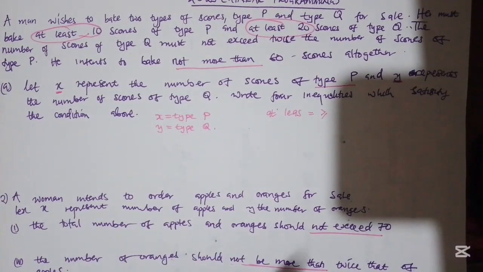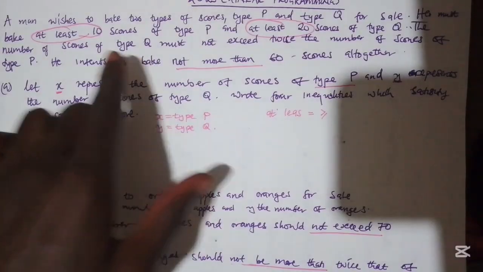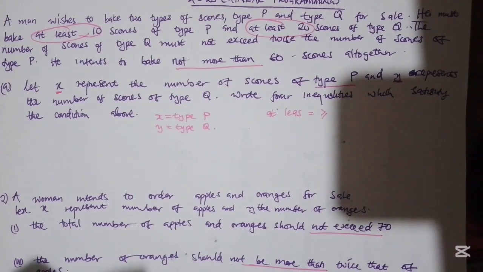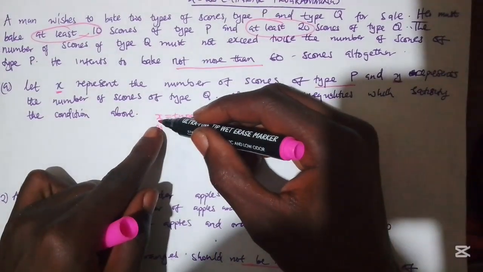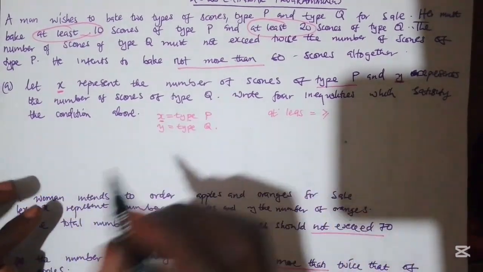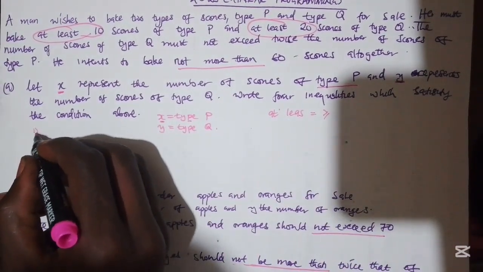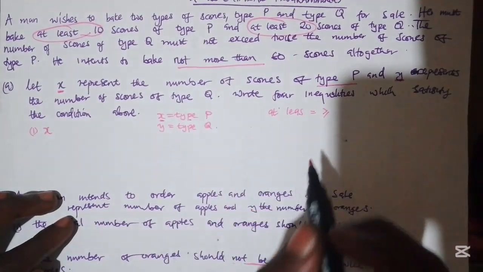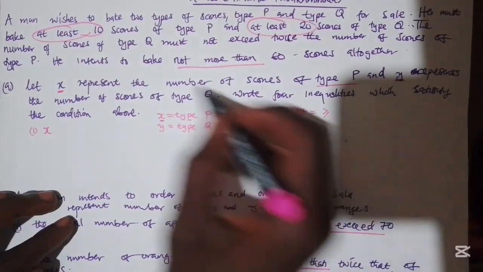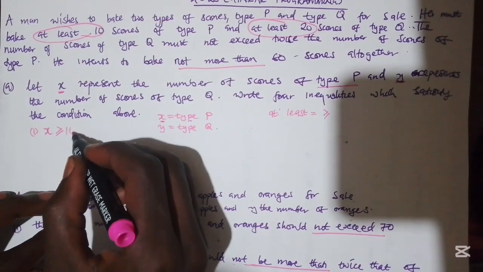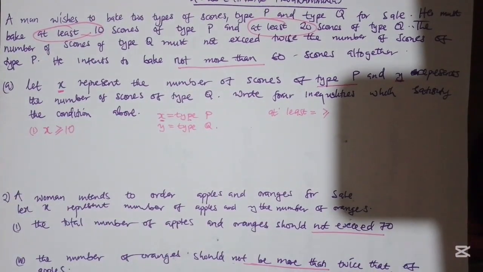The question is saying he must bake at least 10 scones of type P. Since X is representing type P, our first inequality is X, which is type P, should be at least 10, meaning X should be greater than or equal to 10. This is how you represent your inequality.